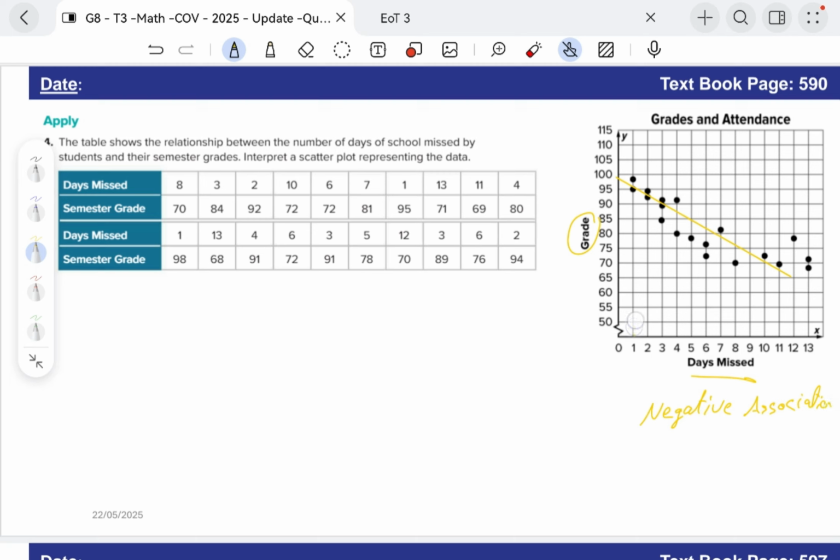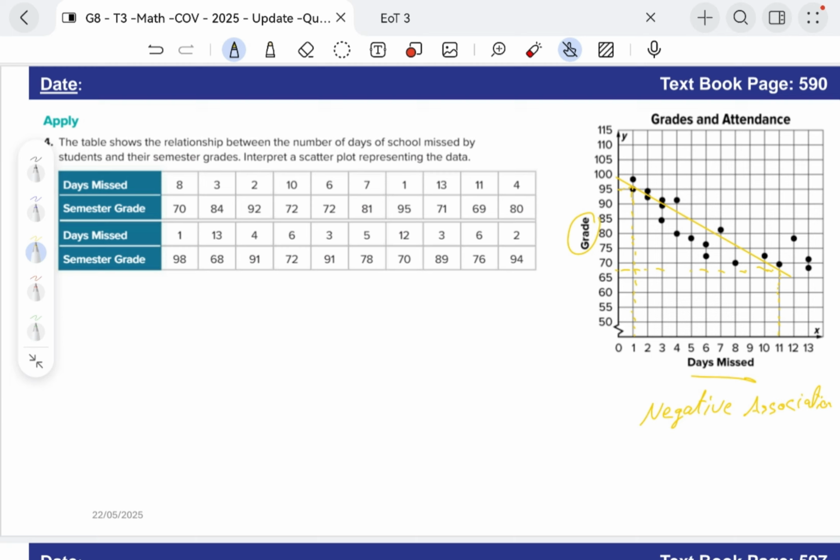As we can see here, if one day is missed, the grade will be 95. But if we increase the number of days missed, like taking 11 days missed by a student, the grade will be between 65 and 70.